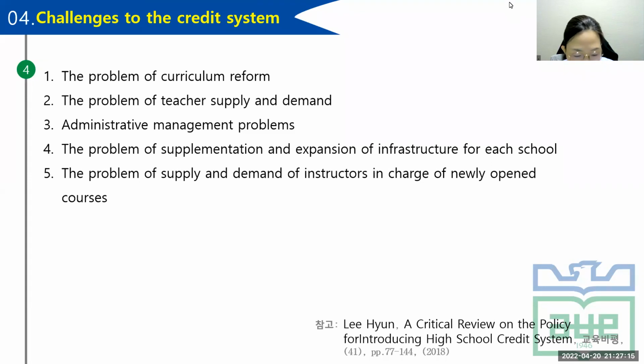The solution is as follows. First of all, it is a matter of reorganizing the curriculum. And next, there is a problem of supply and demand of teachers due to the establishment of various subjects.